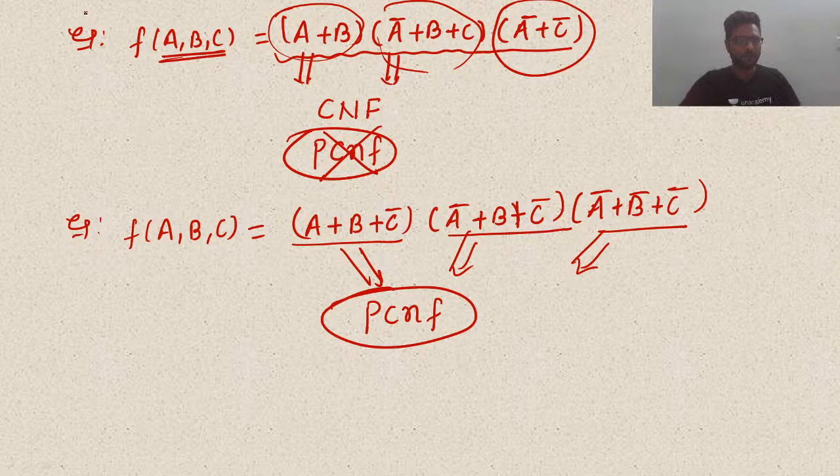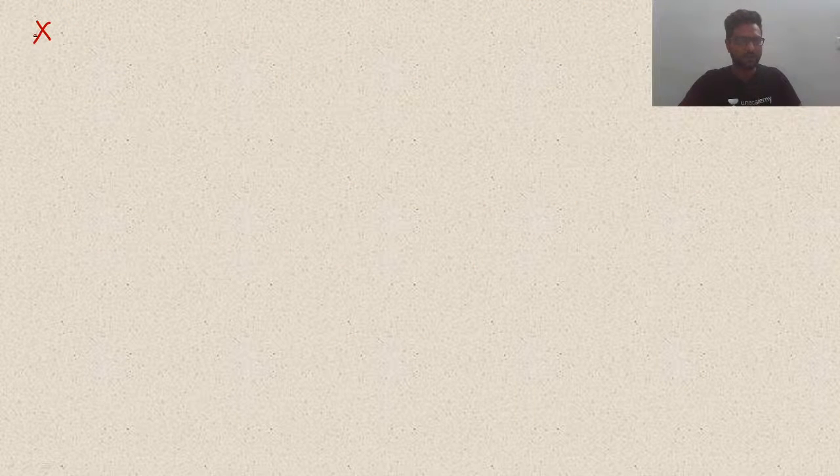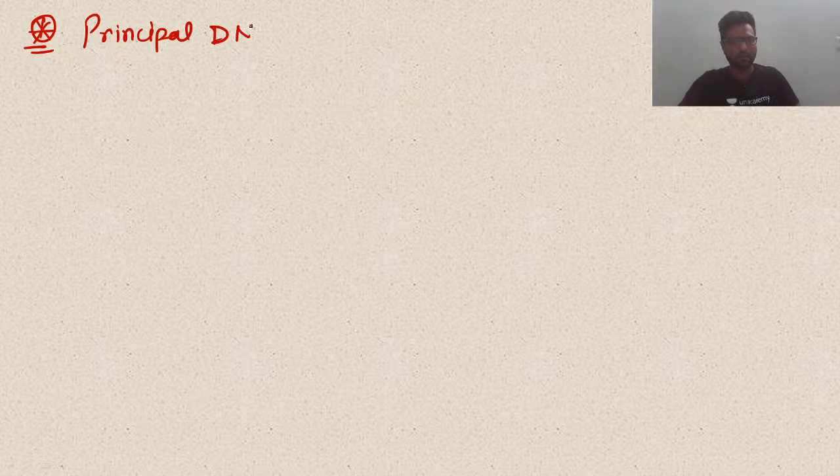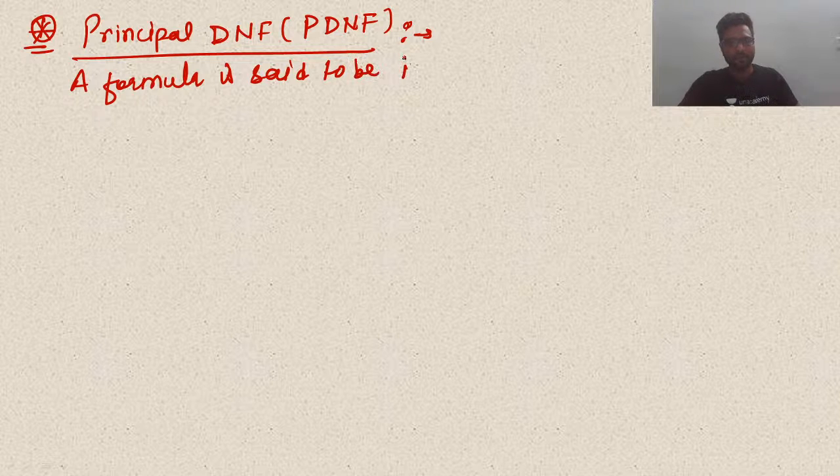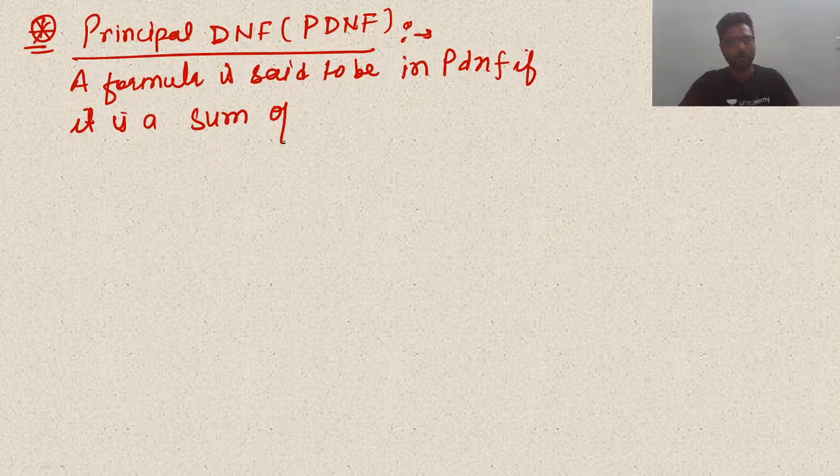Okay, write down the definition. Principal disjunctive normal form, that is PDNF. A formula is said to be in PDNF if it is a sum of min terms.